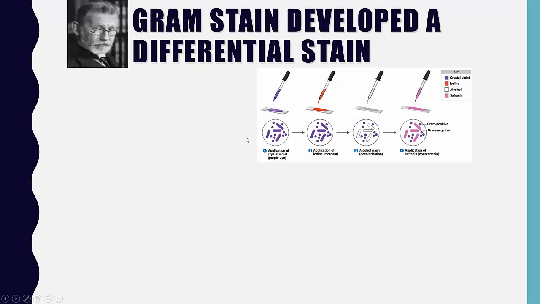All right, to talk about gram positive and gram negative bacteria, we have to talk about this guy. This is Hans Christian Gram. He developed a staining system. Actually, it's a chemical process that just happens to have colors to it. So in a laboratory, you're going to have different colors come out depending on what kind of bacterial cell you're looking at.